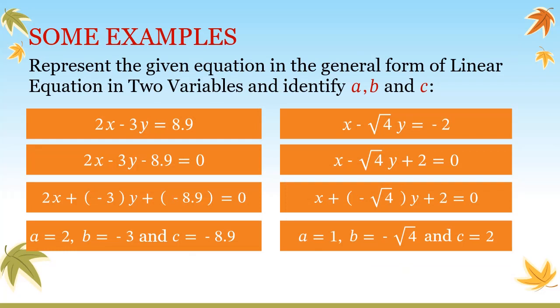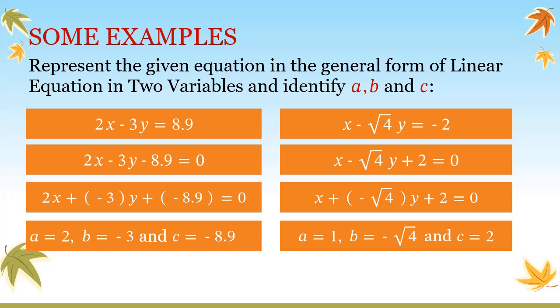Now we know that the general form of a linear equation in two variables is ax plus by plus c equals 0. Now here are some examples which are not in the standard form. So we need to convert the given equations into the standard form ax plus by plus c equals 0. Right? The very first example at your left hand side is 2x minus 3y equals 8.9.